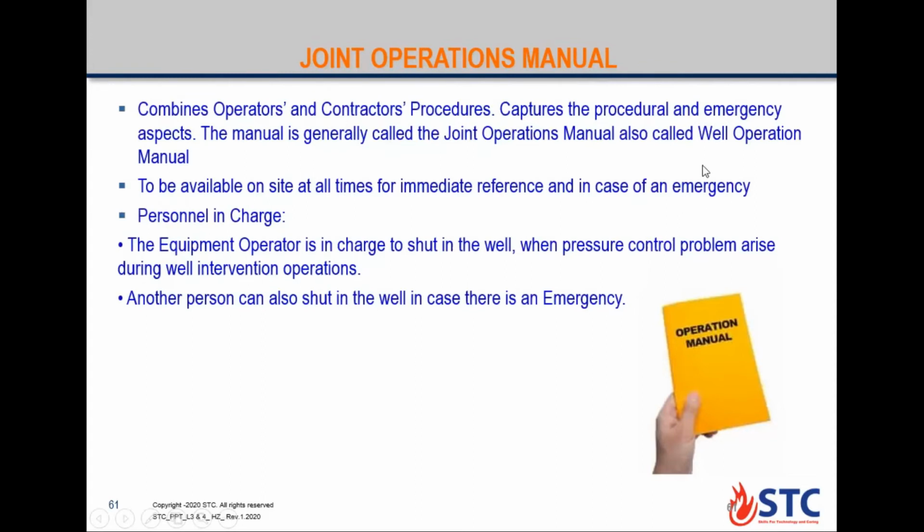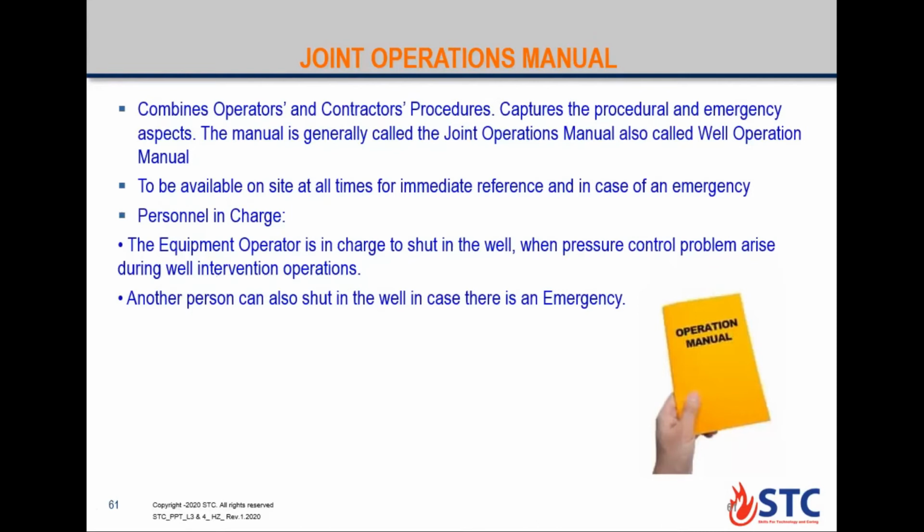And in case of emergency, like the agreed manual between the contractor and the operator or the client: the equipment operator is charged to shut in the well when pressure control problems are raised during well intervention operation. In this manual, they mention who is responsible to shut in the well in case of emergency or well control. Only one crew member is assigned to do this job.